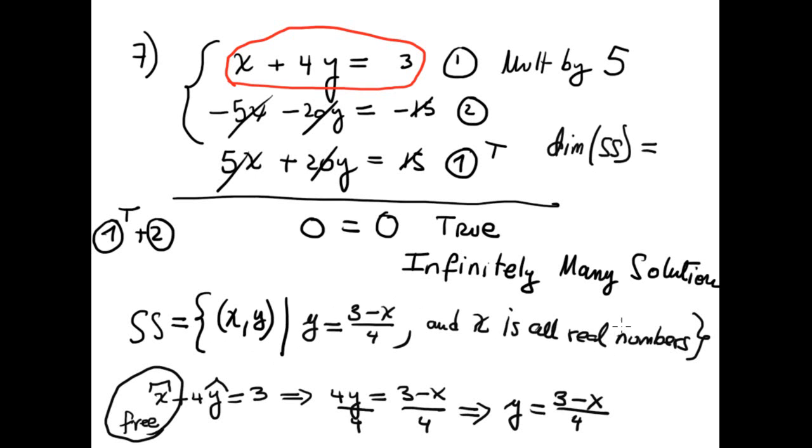This line's dimension is 1, because geometrically speaking, the line is a one dimensional object. However, this number 1 is exactly the same as the number of free variables that we have in our problem. In this case it's easy because it's a two-dimensional problem, but in other multi-dimensional problems this may be complicated.